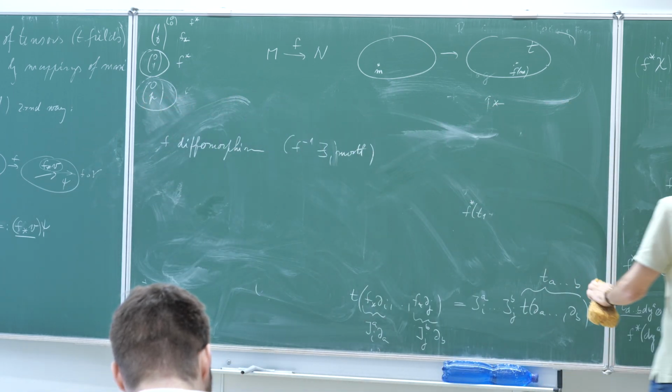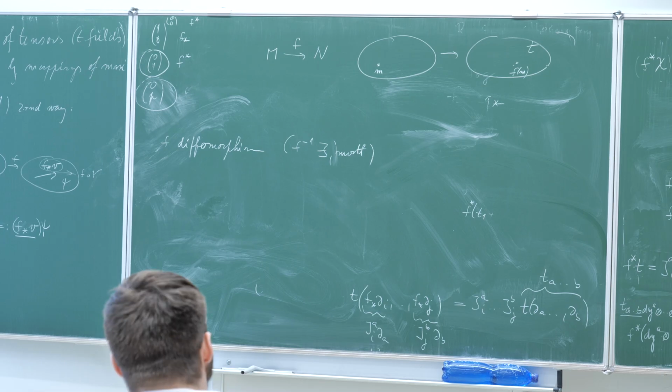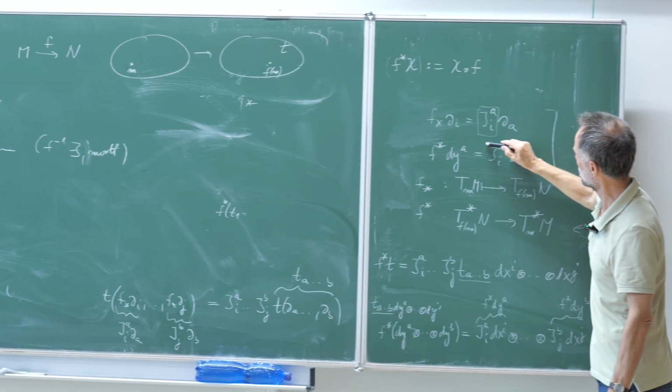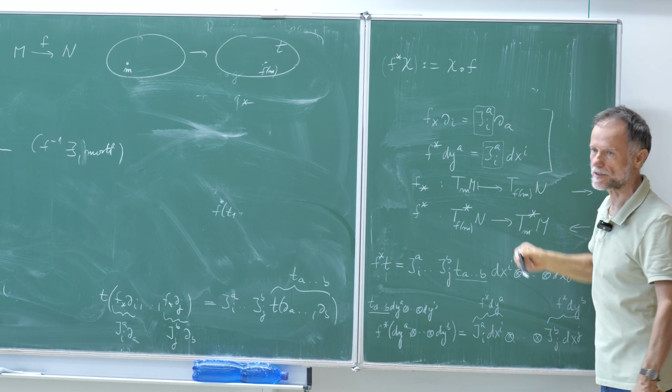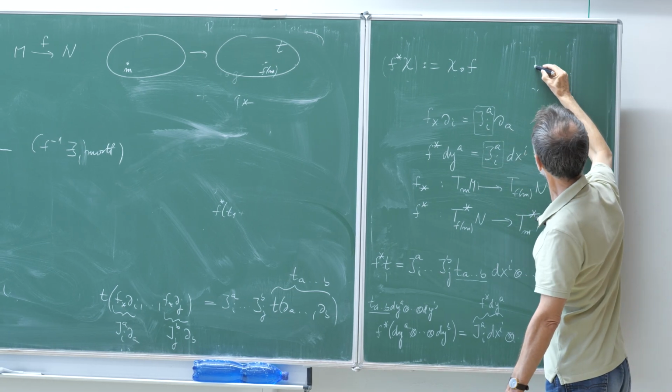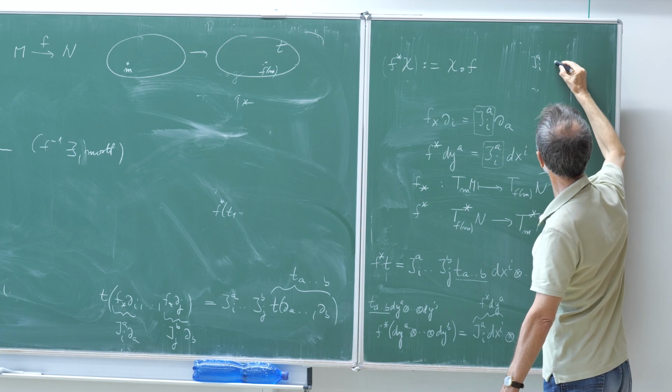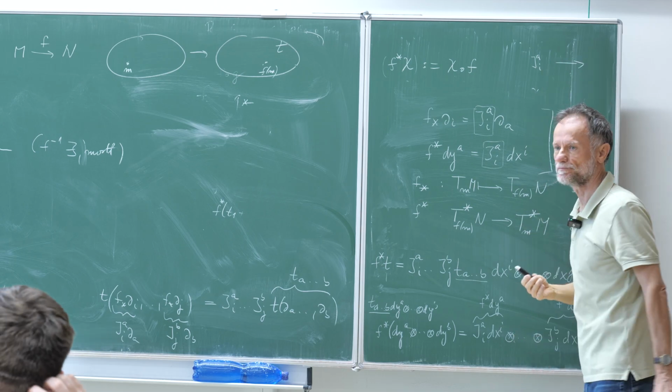Also have a look here. Here it is quite interesting and important that you have the same Jacobi matrix. It is the Jacobi matrix of F, which goes in this way.